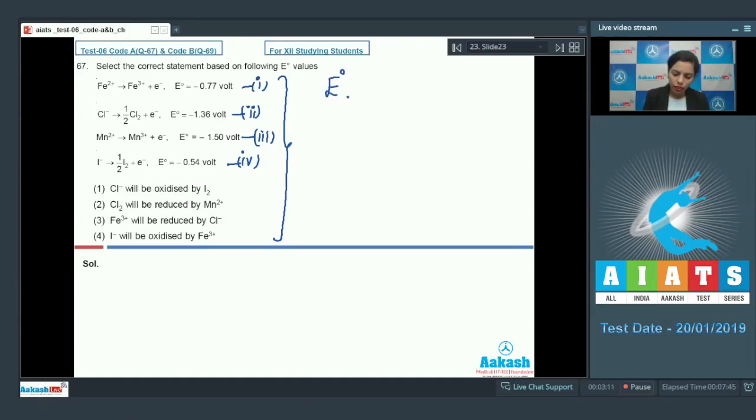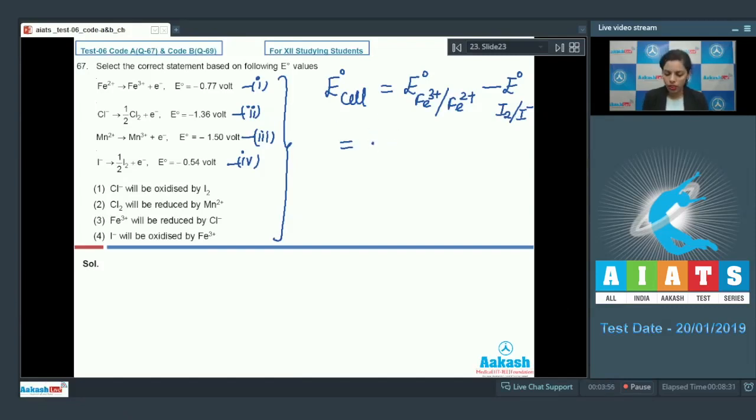So E0 cell for this particular case, we know that is E cathode minus E anode. For these two reactions, at the cathode we have Fe3 plus, Fe2 plus. This is the electrode potential of cathode. Then for anode, iodine is there, so it can be represented as I2, 2I negative. This is the process. Now let's place the values here to find out the E0 cell.